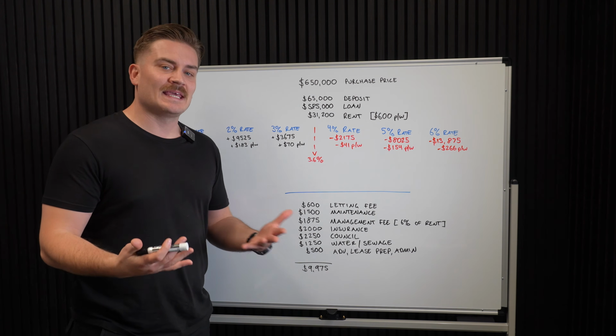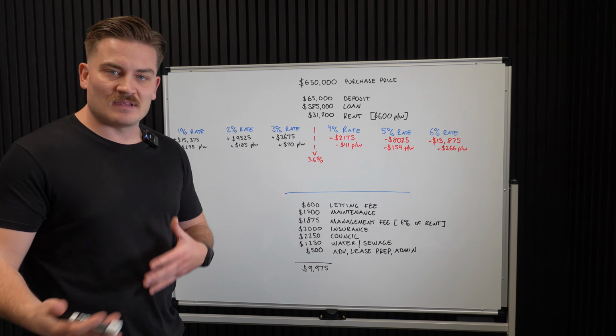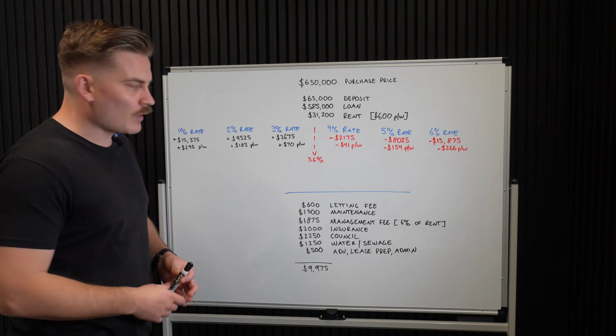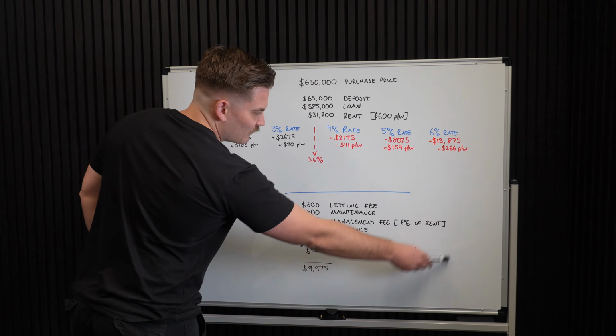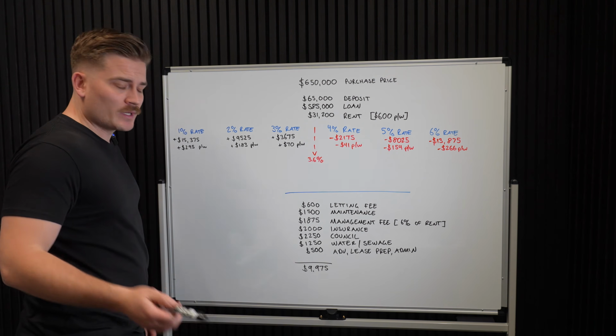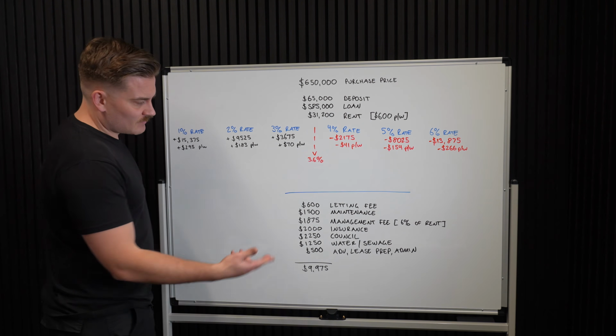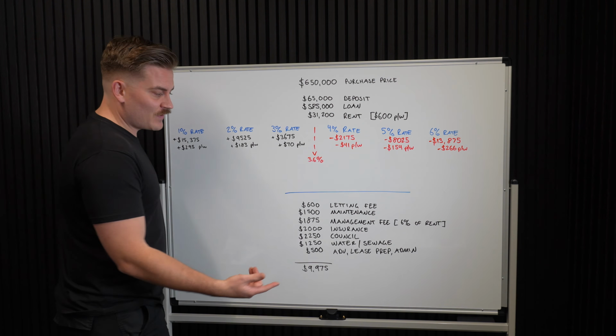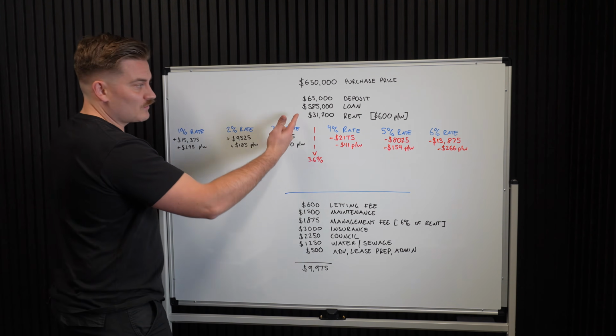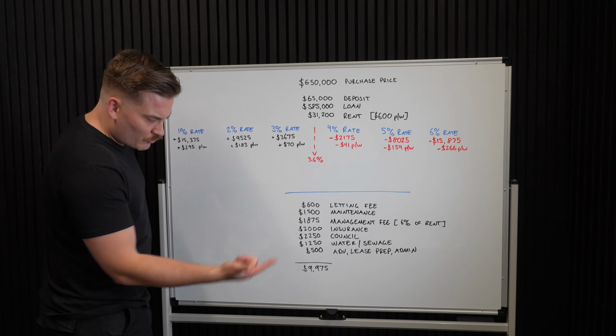Now, how I'm calculating the stance of that particular property in returns of cash flow. Well, these are my assumptions here in terms of my yearly holding costs. I'm putting in a letting fee, money for maintenance. I'm putting in a management fee of 6% on the total rental amount. I'm putting in $2,000 for insurance.